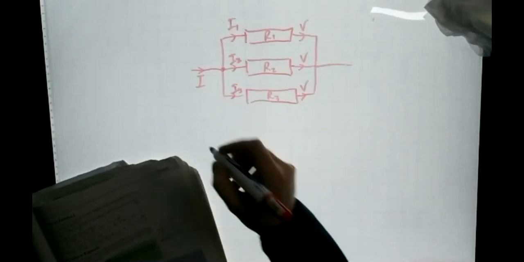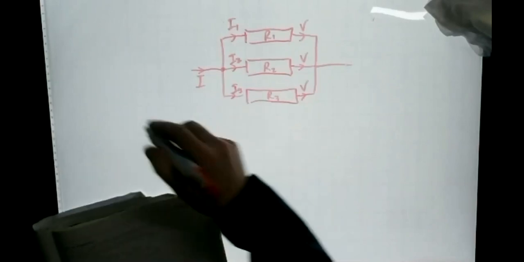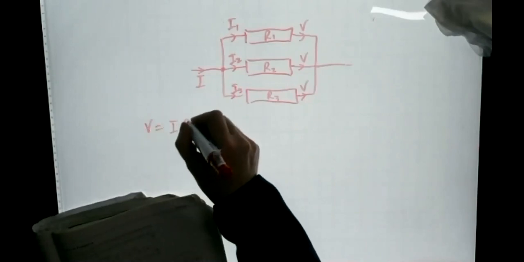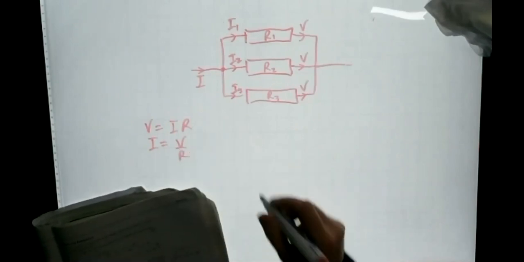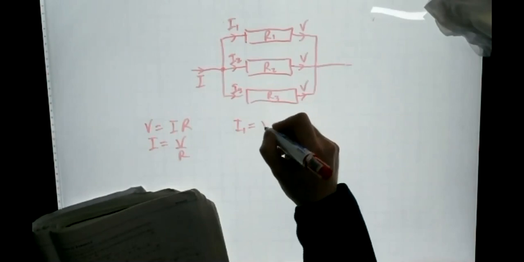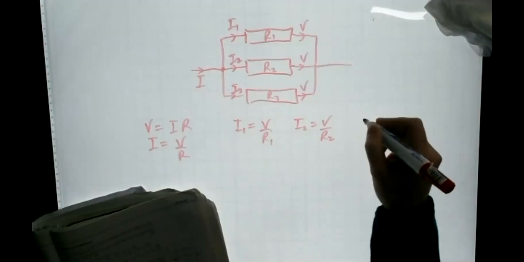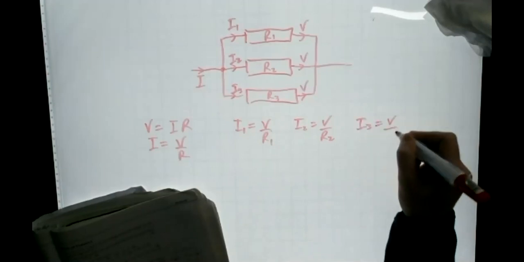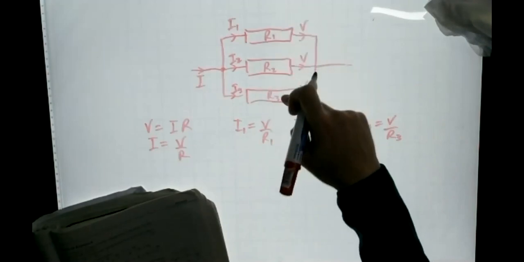In figure 23.10, the current I flows into the junction. Using V equals IR, I is V over R, so I1 is V over R1, I2 is V over R2, and I3 is V over R3, across all 3 resistors.